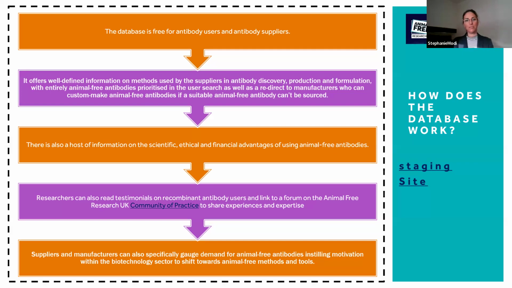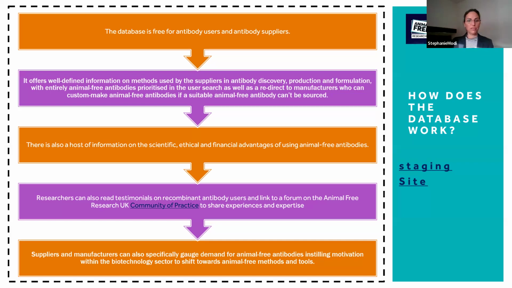So that's discovery, production, and formulation. And the entirely animal-free antibodies are prioritized in the search as the green antibodies. But we also offer a redirect to manufacturers who can custom make animal-free antibodies if a suitable animal-free antibody can't be sourced. And we mentioned that education is really important.